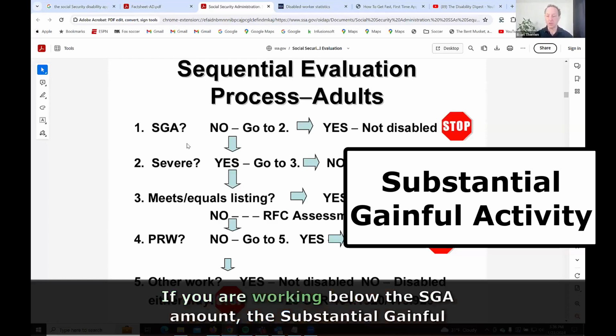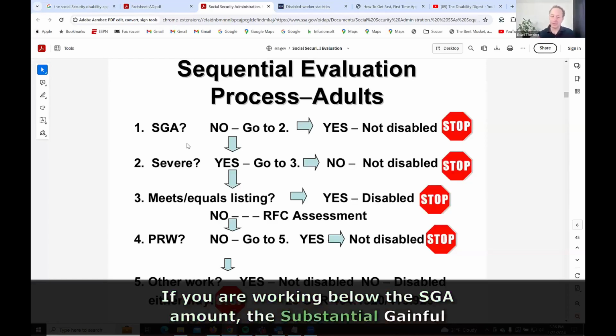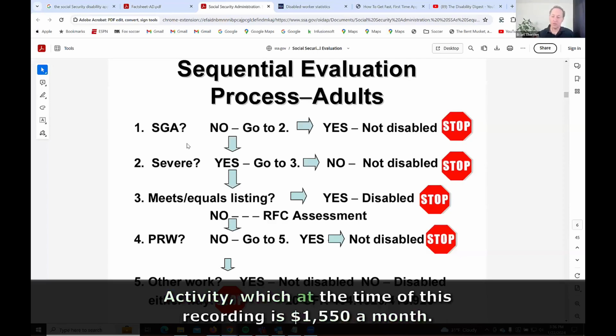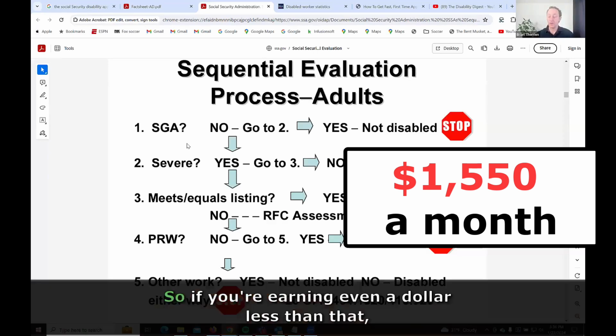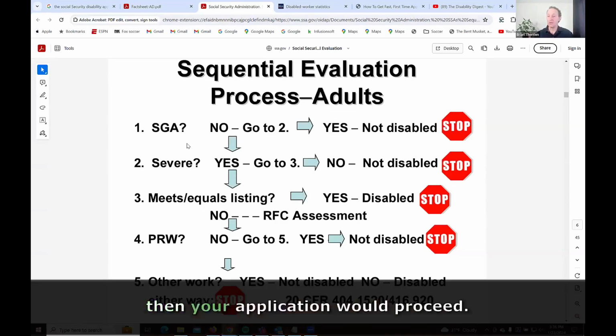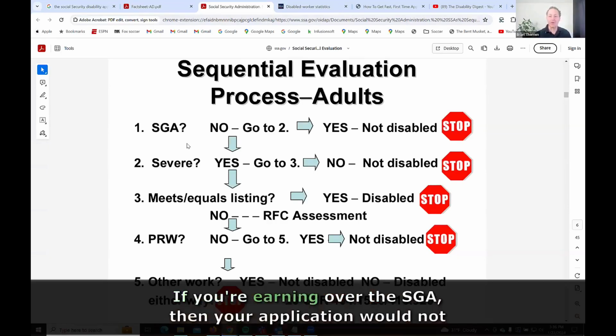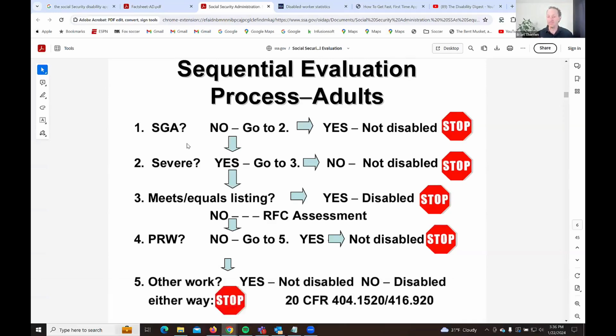If you are working below the SGA amount, which at the time of this recording is $1,550 a month, so if you're earning even $1 less than that, then your application would proceed. If you're earning over the SGA, then your application would not proceed. Okay.